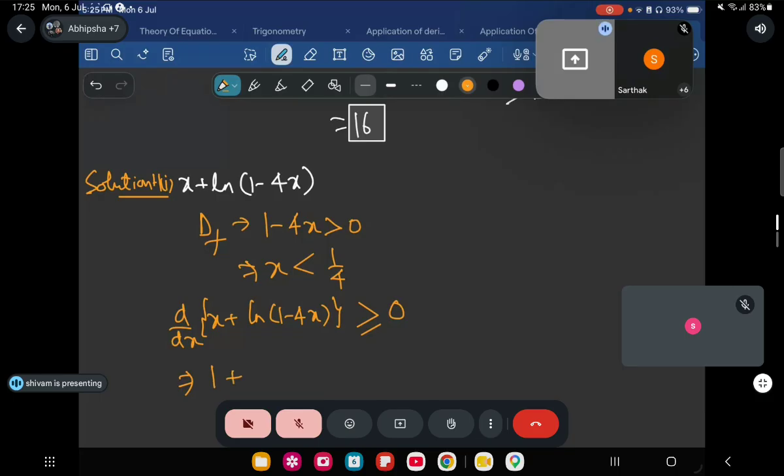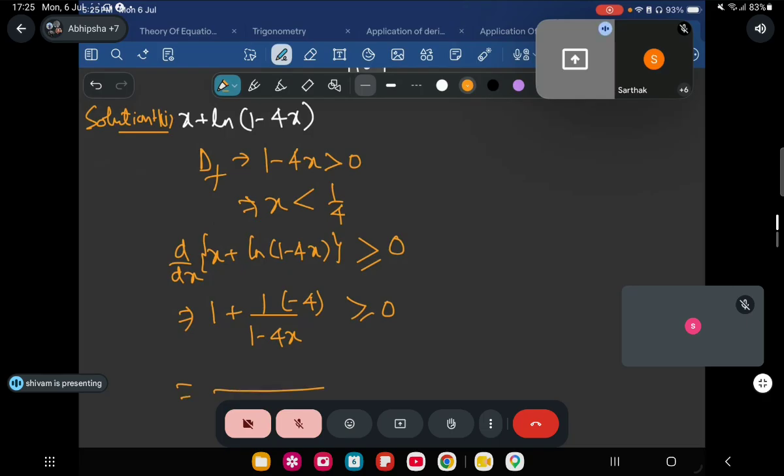Next, we'll get 1 plus 1 by 1 minus 4x, and in the numerator, what do we get? Minus 4, greater than or equal to 0. So let us take the LCM. 1 minus 4x is the LCM. Numerator would be 1 minus 4x and this is minus 4, must be greater than or equal to 0.